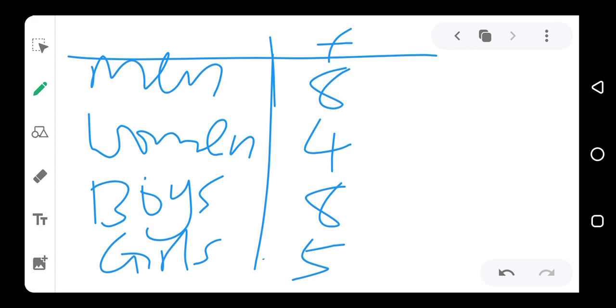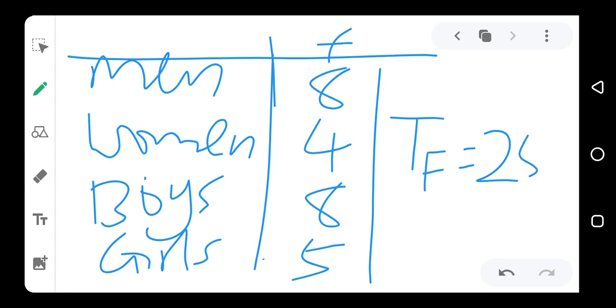Under the frequency column, we add up everything to get the total frequency, TF, which is equal to 8 plus 4 plus 8 plus 5, and that will give us 25.